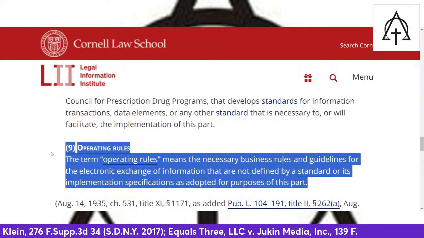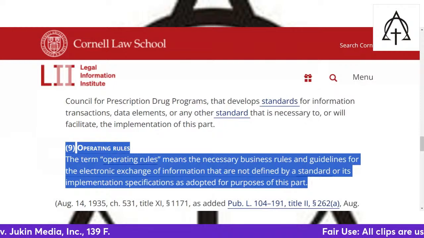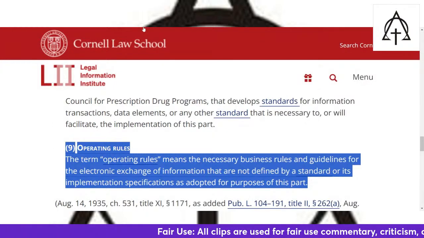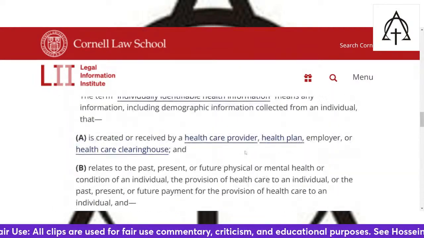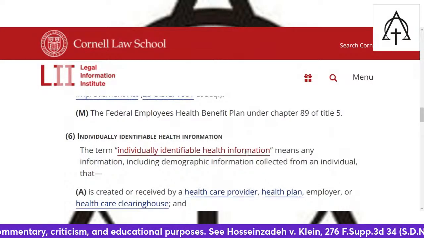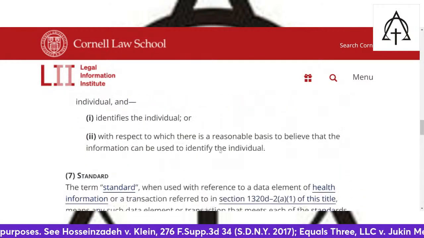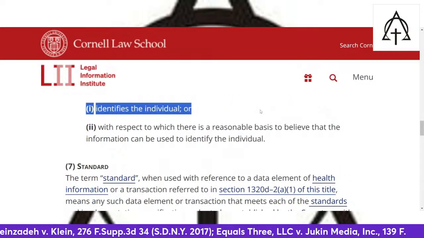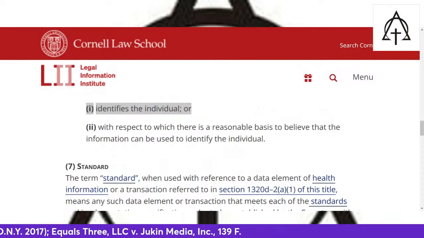And therefore, when you give them that data element in electronic exchange and it is not contracted, they will take it as abandoned property and put their own value to it. Identifies the individual. Nothing more, nothing less, folks.